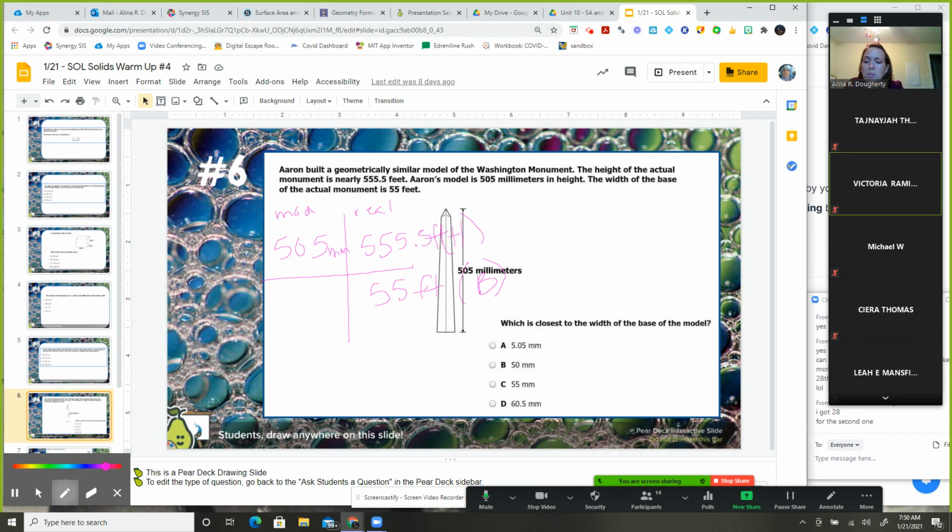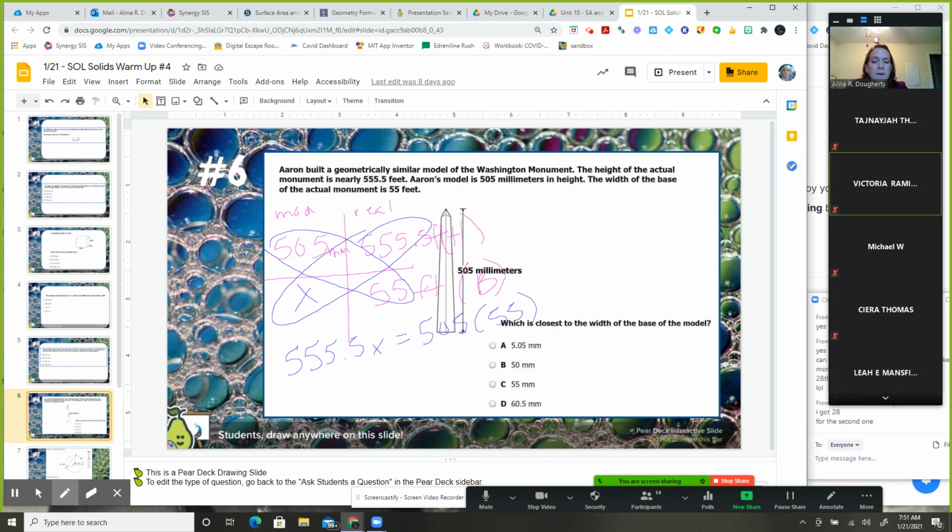What's the closest to the width of the base of the model? Basically, this is just a proportion. So you're going to cross multiply. So 555.5x equals 505 times 55. And then you're going to solve that equation. The trick is to get the model's height over the base and the real monument's height over the base.